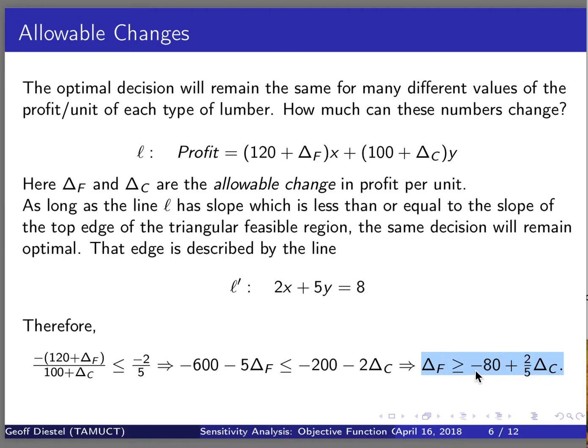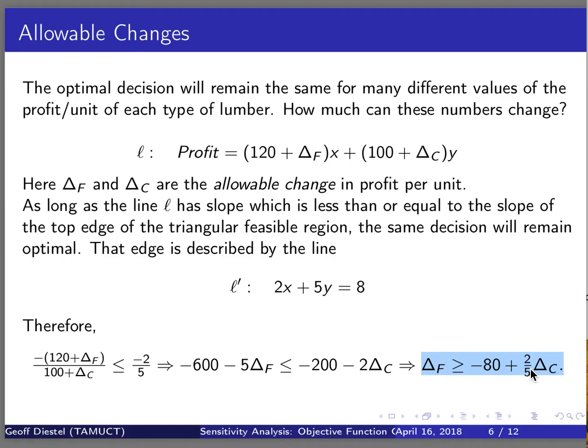But there is a lower limit. When delta C is 0, the allowable change for the finished grade lumber, delta F, has to be greater than or equal to negative 80. So we can actually have a decreased profit for the finished grade lumber, as long as that decrease is no more than $80, then we would make the same decision.